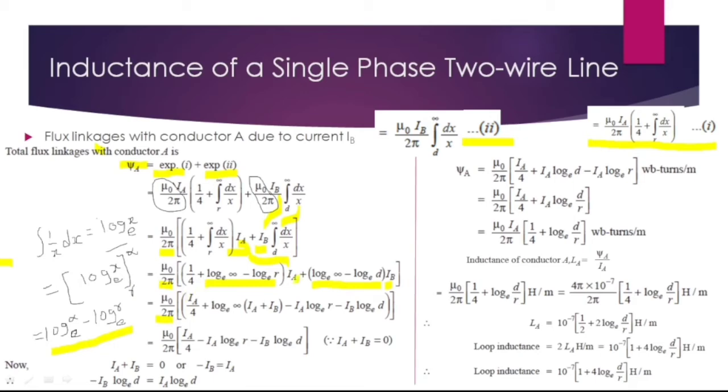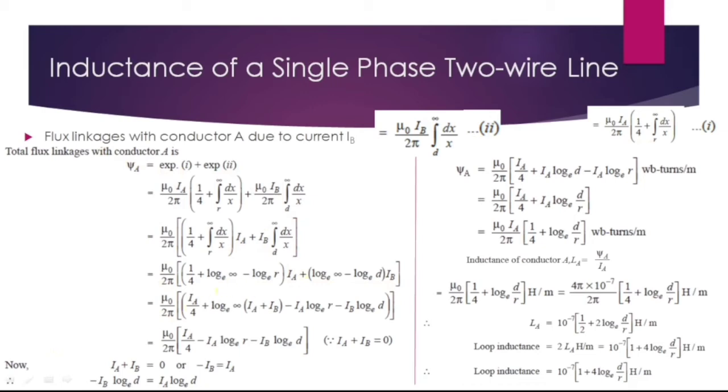Here the IA value is IA by 4 plus, observe clearly, we multiply IA to this entire term, that is IA into 1 by 4, and the next term is IA into log infinity base e, and in this term also we have IB into log infinity base e.